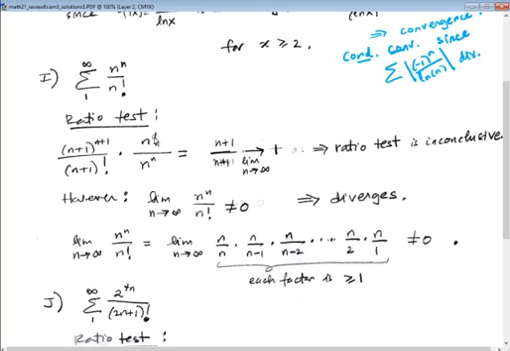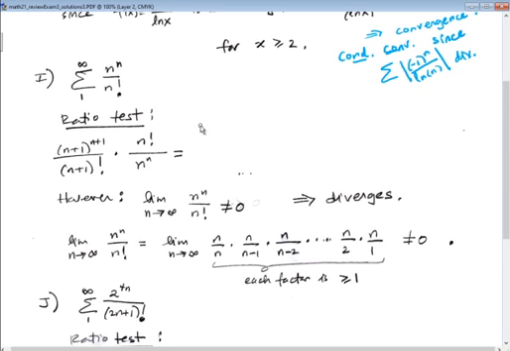Now let's simplify this. When we divide this way, we're left with n plus 1, and we're left with n plus 1 over n to the n. I just made a little correction, so let's reduce this.